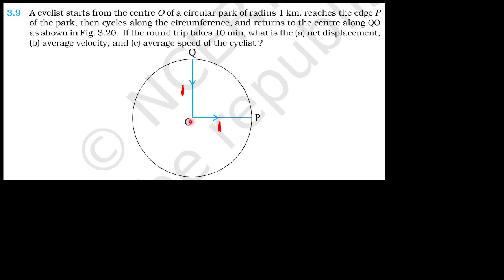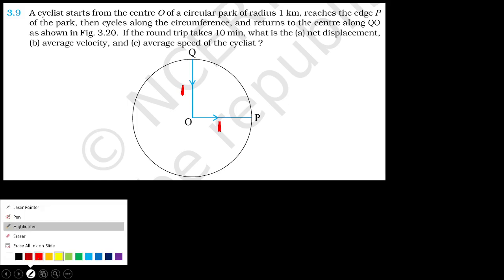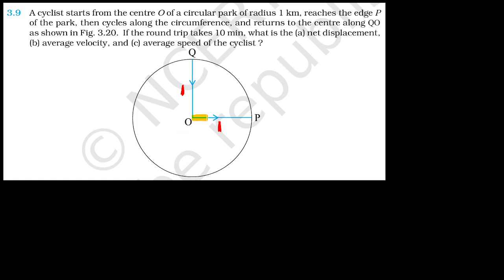Starting from O, he reaches the edge P. Initially he is moving along this path, OP. Then he cycles along the circumference and returns to the center along QO.